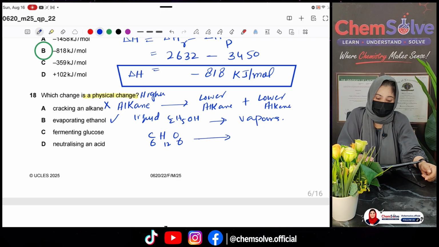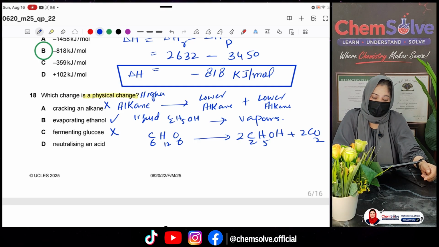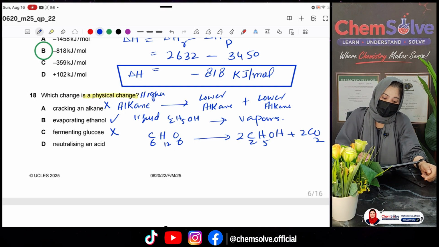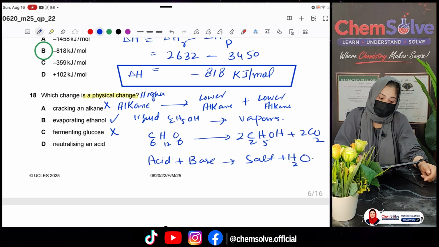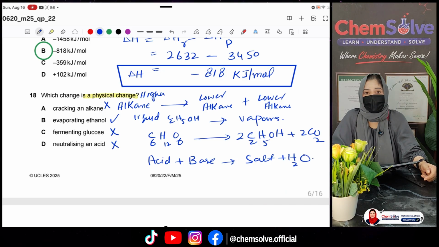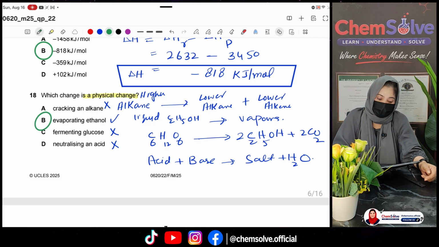During fermentation, it changes into ethanol as well as carbon dioxide. Again, a new compound is being formed. So it's a chemical change, not a physical change. Neutralization of the acid. When acid is neutralized, we add base into it and it changes into salt and water. Again, new compounds are being formed. So it's a chemical change, not a physical change. That's why the correct option is B.